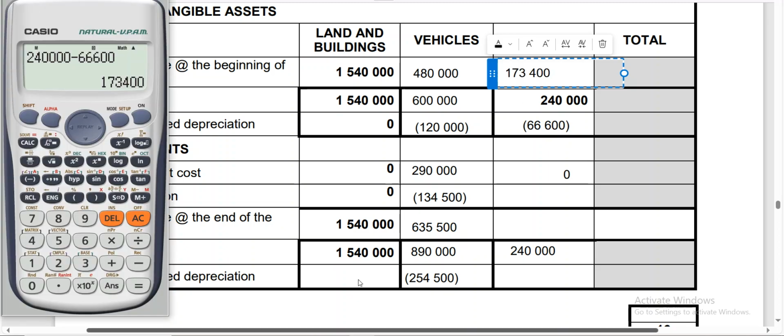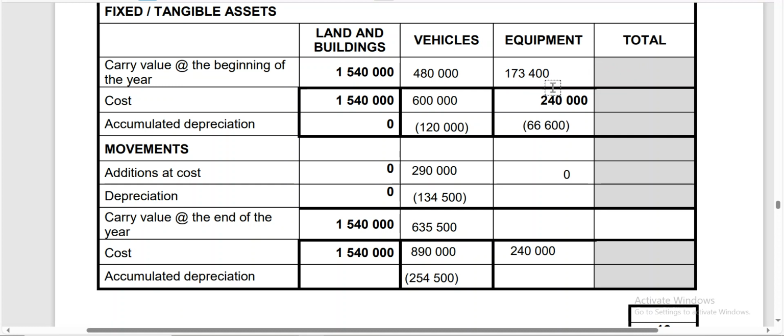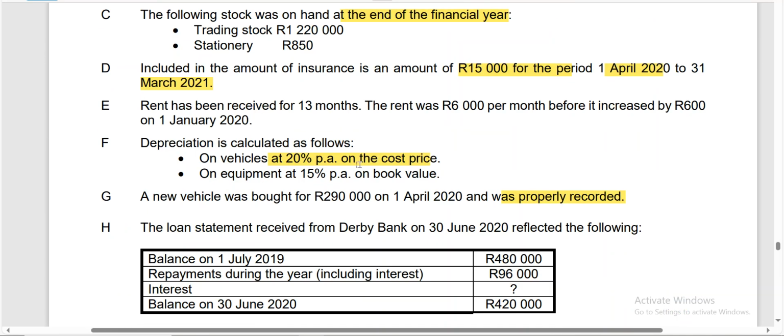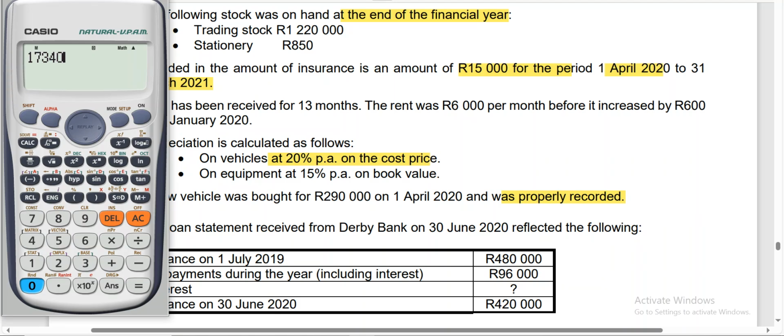By now you are already collecting marks from this. Now we need to check what our depreciation will be. Remember we got the carrying value, and on the diminishing balance method we calculate depreciation on the carrying value. So we are going to check the information about the rate. They said it's 15%, so we say 173,400 multiplied by 15 divided by 100, and then multiply by 12 divided by 12, because this was with us for the entire year, and the answer is 26,010.